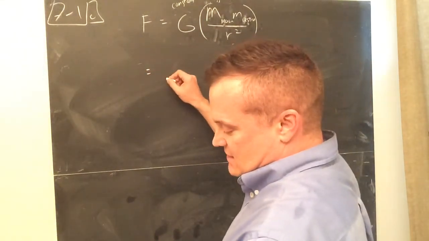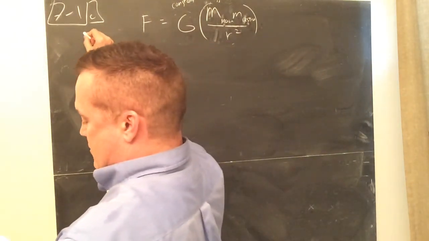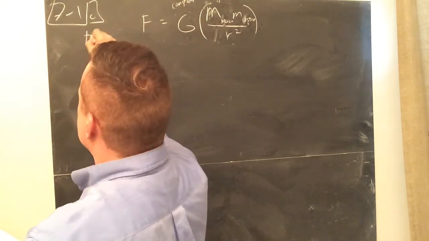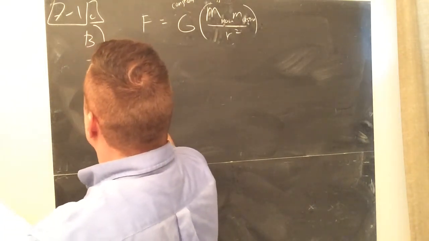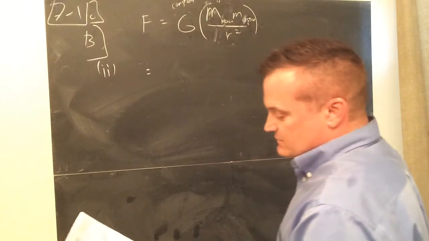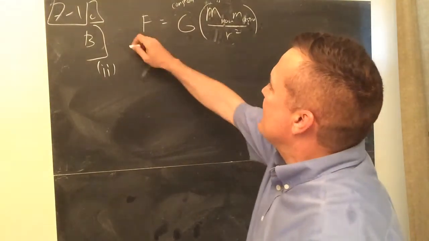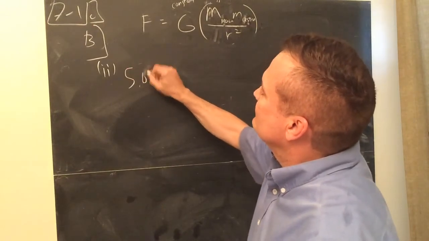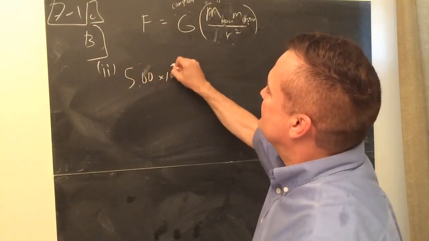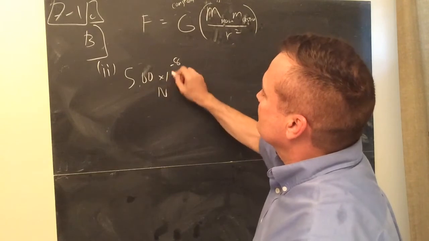So it says for number B, part 2. One bowling ball is moved, so the two have a gravitational force of 5 times 10 to the negative 8. So now we know the force between them. 5 times 10 to the negative 8 newtons.